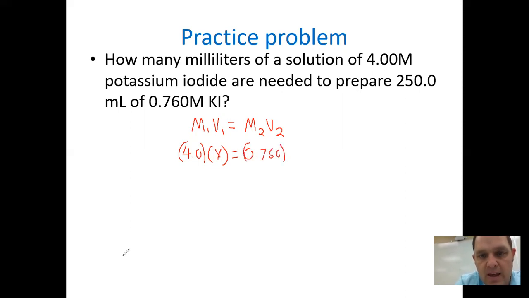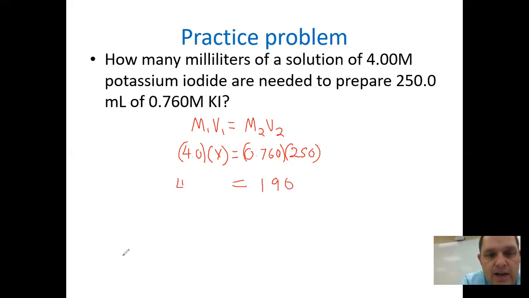Because we want 0.760. And how much of that do we want? We could change it to liters, but I'm going to make things easy. Keep it in milliliters, because the answer wants to be in milliliters. Now, I'm going to do every step on this one. I'm going to multiply 0.760 times 250, and that gives me 190.